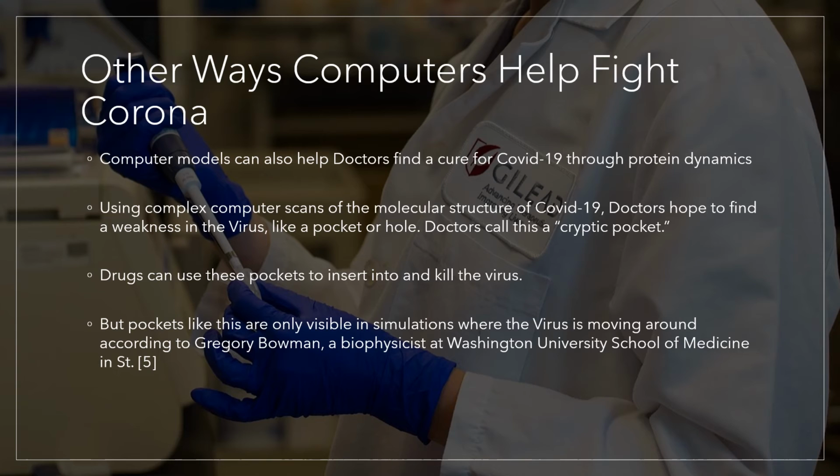These holes are called cryptic pockets. They're very, very important to trying to find a cure for the disease. And according to a known biophysicist, these holes are only visible in these types of simulations, which is why computer models are very, very important.